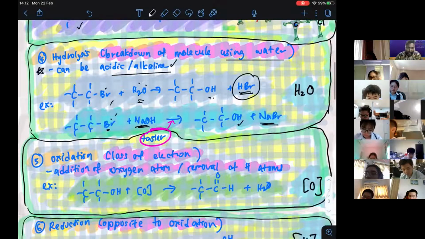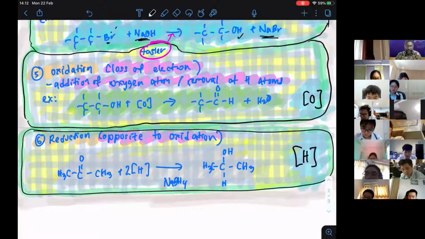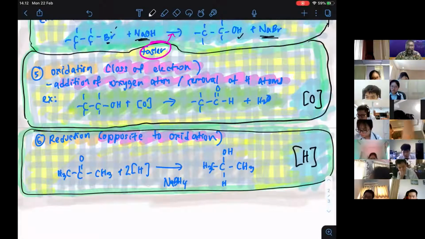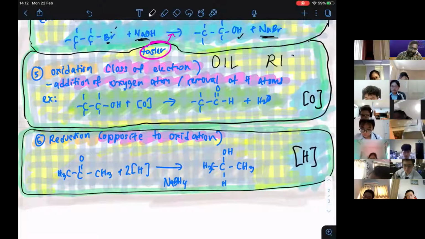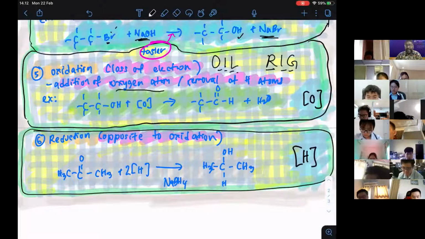And the next one is going to be oxidation reaction. Oxidation reaction is loss of electron. If you want to remember OIL RIG, oxidation is loss of electron, reduction is gain of electron. But in this case, it will be much easier to visualize by saying that oxidation is the addition of oxygen atom, or you can say removal of H atom.